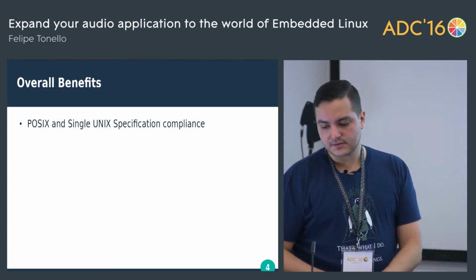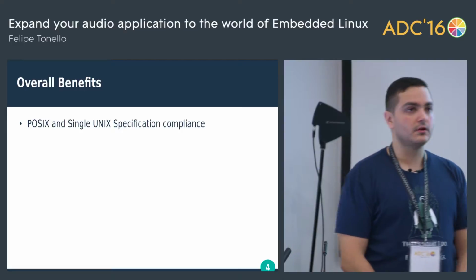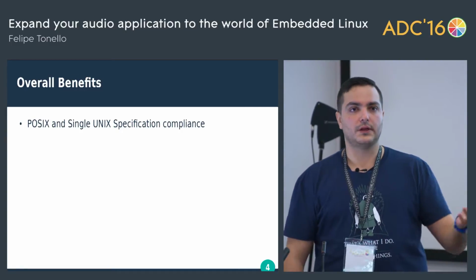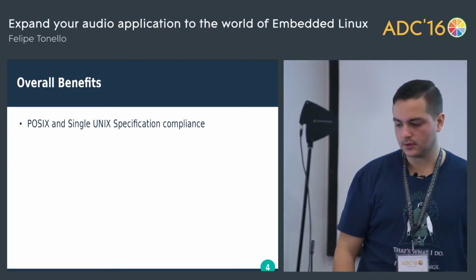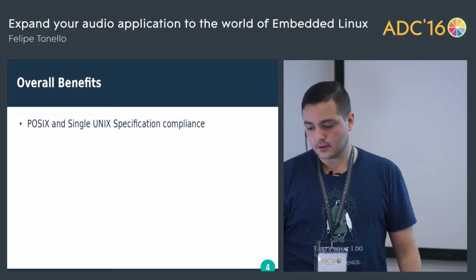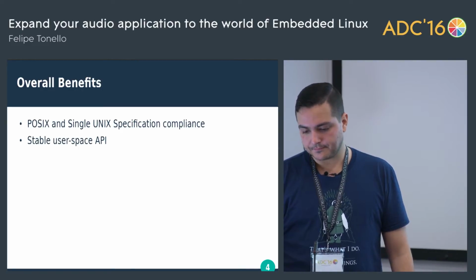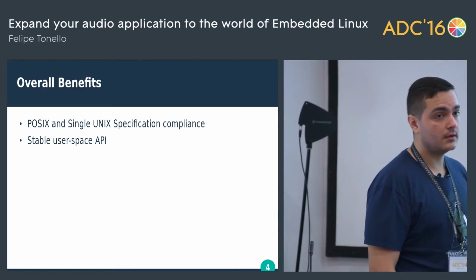Another benefit I'm going to list here is that it's POSIX and Single UNIX Specification compliant, which means that any POSIX compliant system should be compatible and portable to that, such as Macs and iOS as well, and Android, of course. It has a really stable user space API.